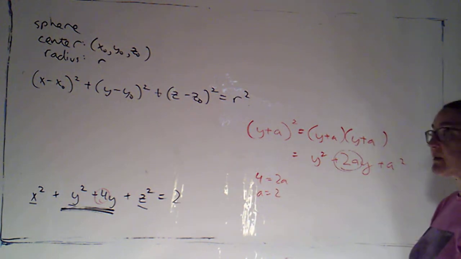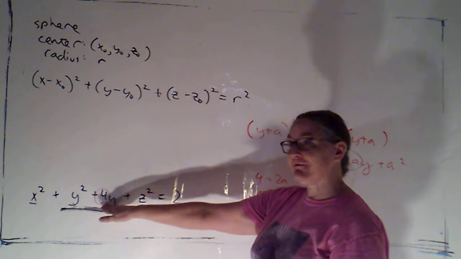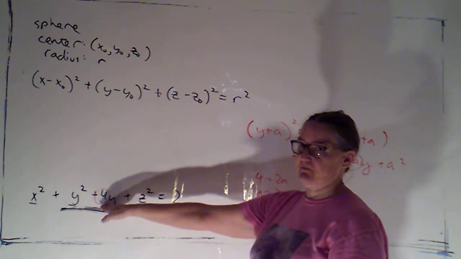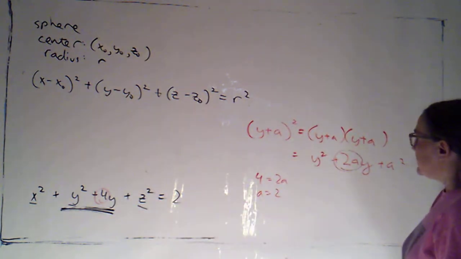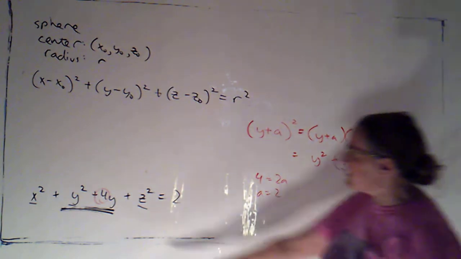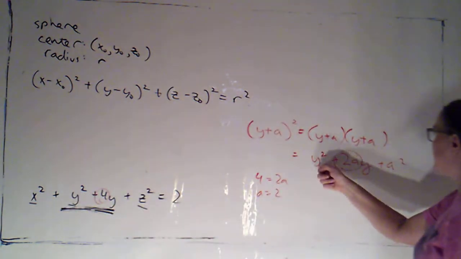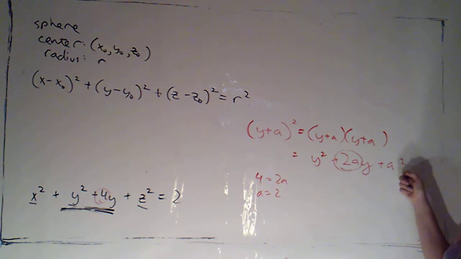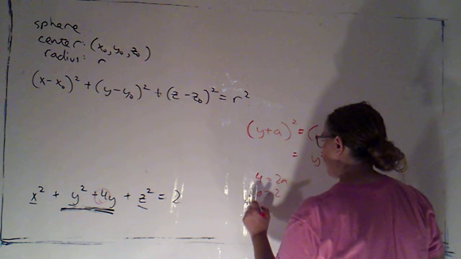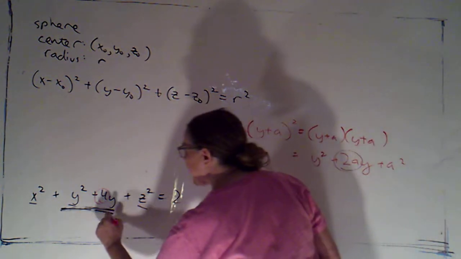In this case, a is positive. If this was a negative 4y, a would be a negative 2. So then basically this gives me the first 2 terms. It gives me the y squareds and the y's. I need just a number. Well, a squared would be 4, so let's add 4.